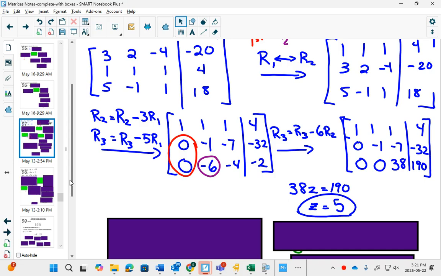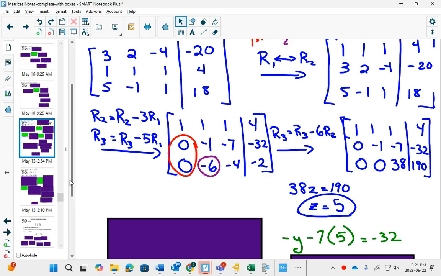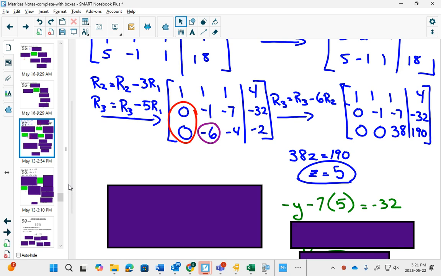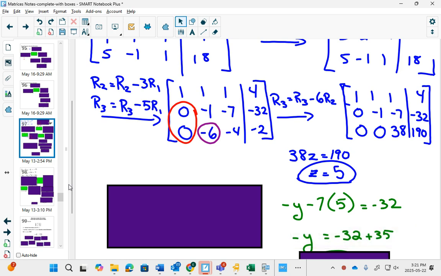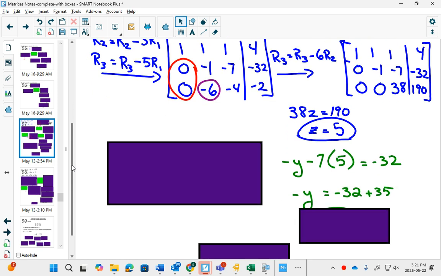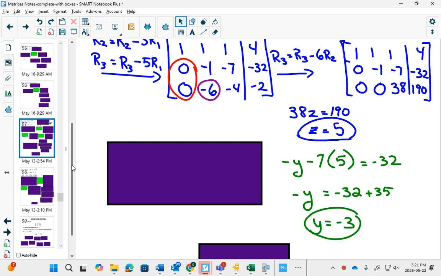And once I have z is equal to 5, I can go up to row 2 and I can say, I now know that negative y minus 7 times 5 has to equal negative 32. Negative y, add 35 to both sides. And I get y is equal to negative 3.